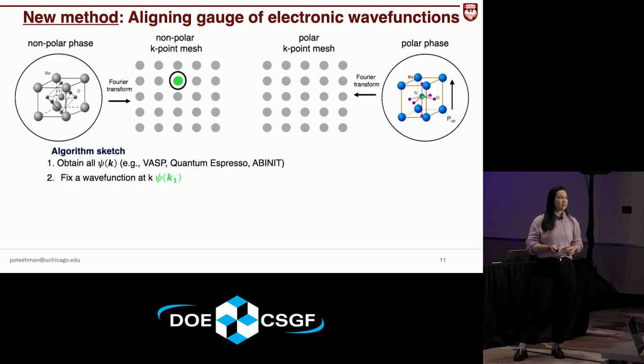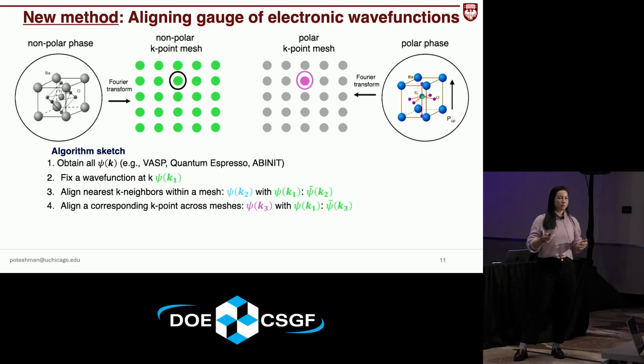We can do this by fixing a single wave function at a single k point, and then aligning all of the nearest neighbors in k space with our fixed wave function. And we can continue propagating out this nearest neighbor gauge alignment until every single wave function in one of our structures is gauge aligned.